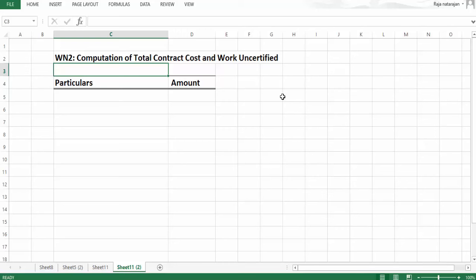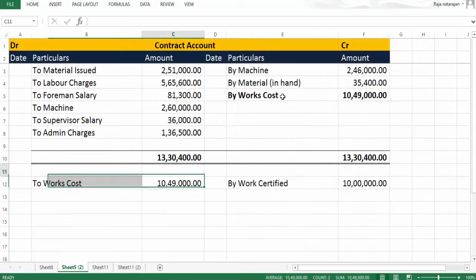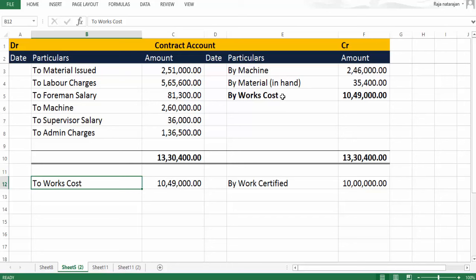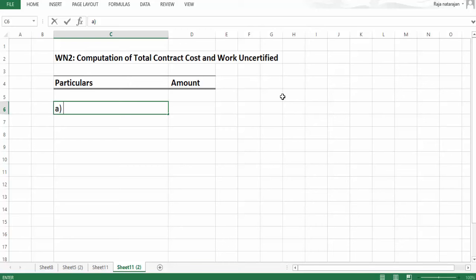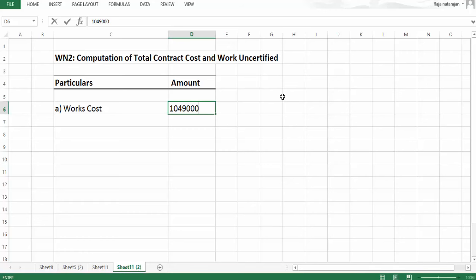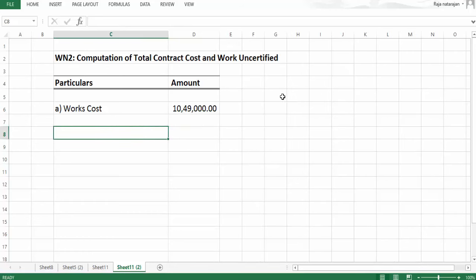So what is the total contract cost spent so far? We have that here. That is, we have the works cost, which is 10,49,000, right? So let me put that here. Works cost is 10,49,000. And what is the percentage of work completion?